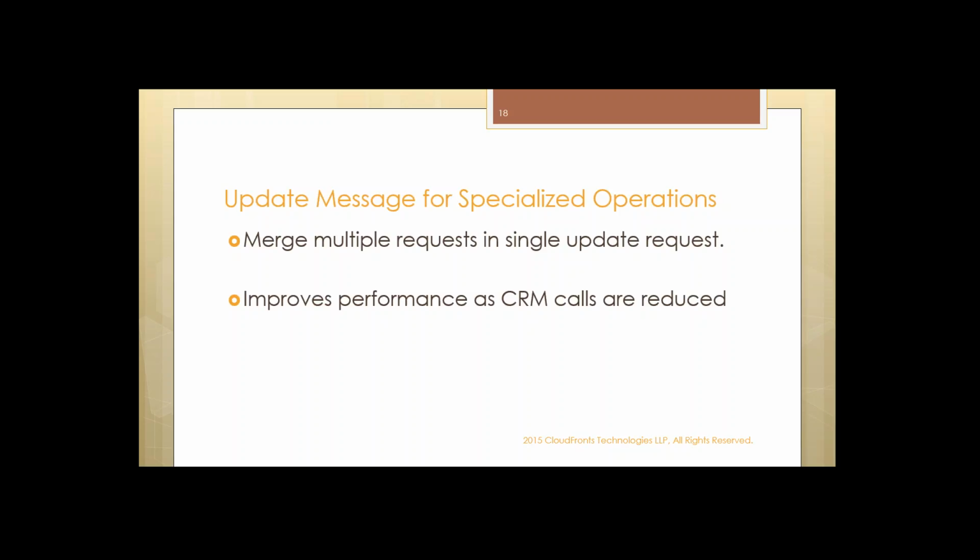So you can use assignment or changing the state or changing the parent in a single update message, which now improves the performance because the number of CRM calls for a particular operation is reduced. So this is about the update message.